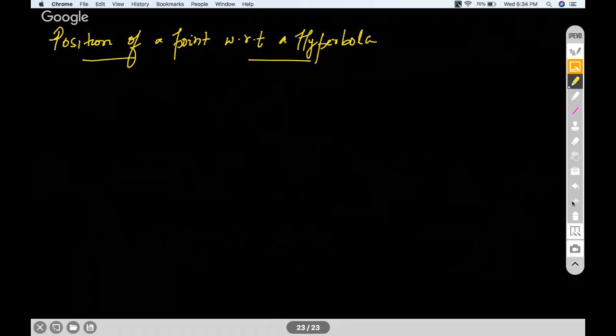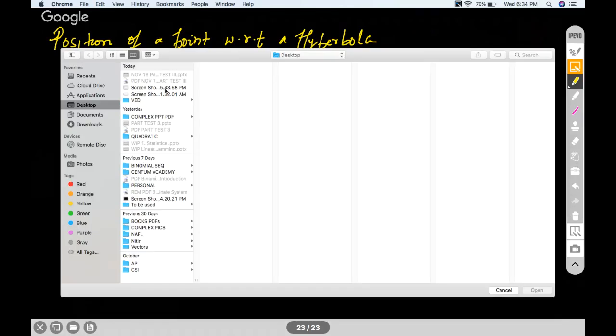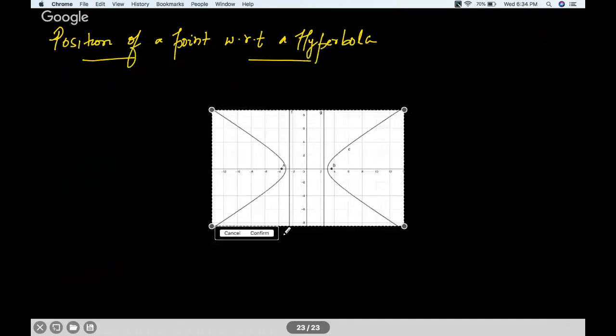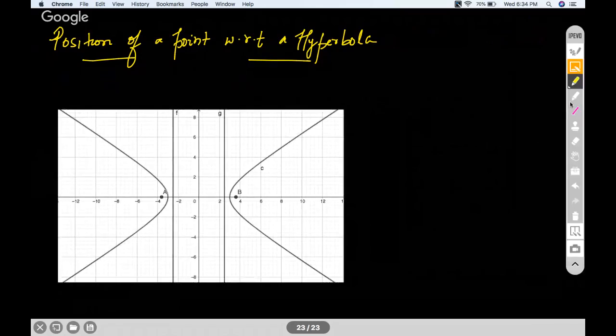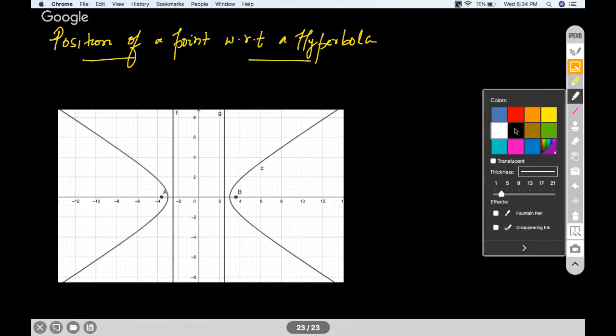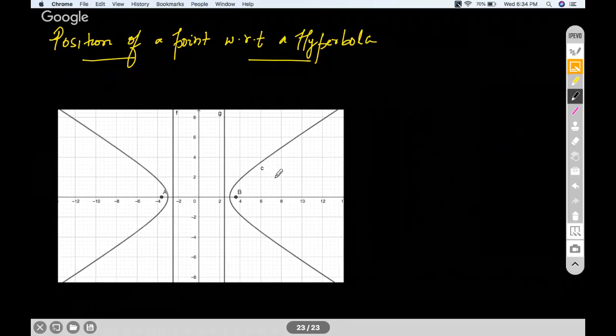All right, so let's again make a hyperbola. Now, a point can be at three locations with respect to a hyperbola.